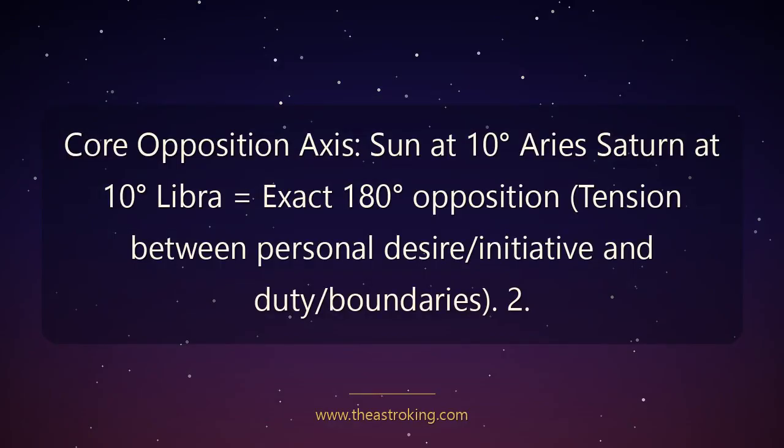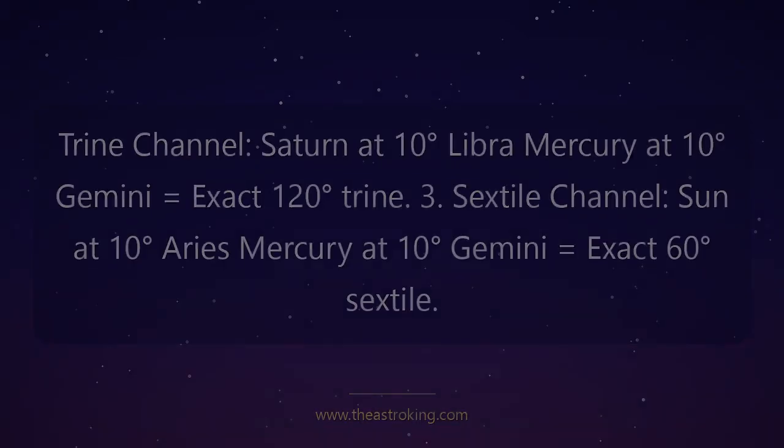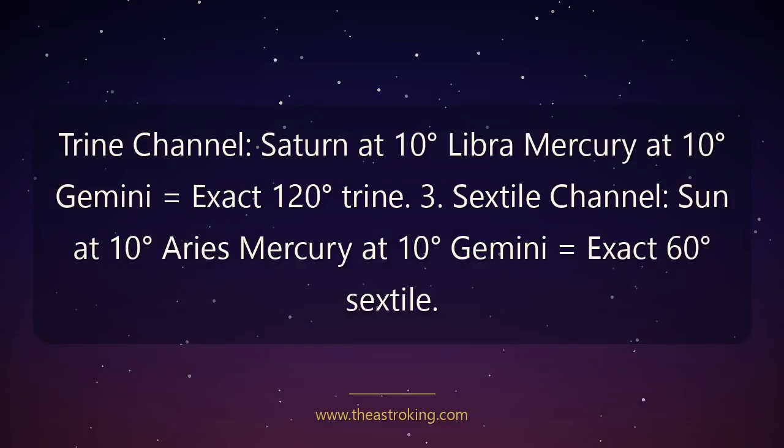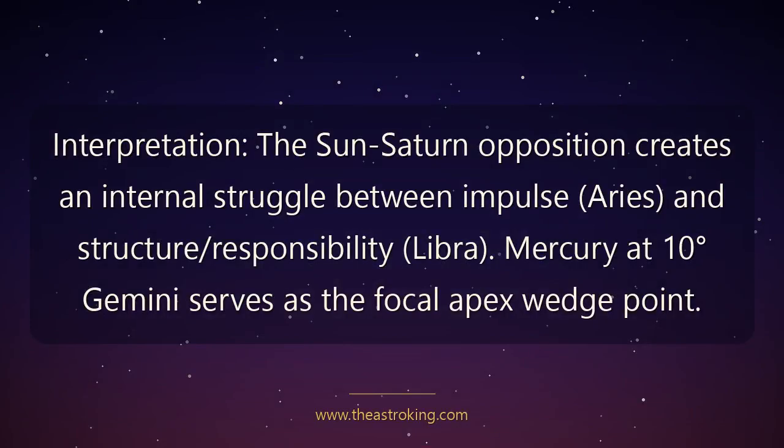Tension between personal desire, initiative, and duty, boundaries. 2. Trine channel. Saturn at 10 degrees Libra, Mercury at 10 degrees Gemini equals exact 120 degrees trine. 3. Sextile channel. Sun at 10 degrees Aries, Mercury at 10 degrees Gemini equals exact 60 degrees sextile. Interpretation.